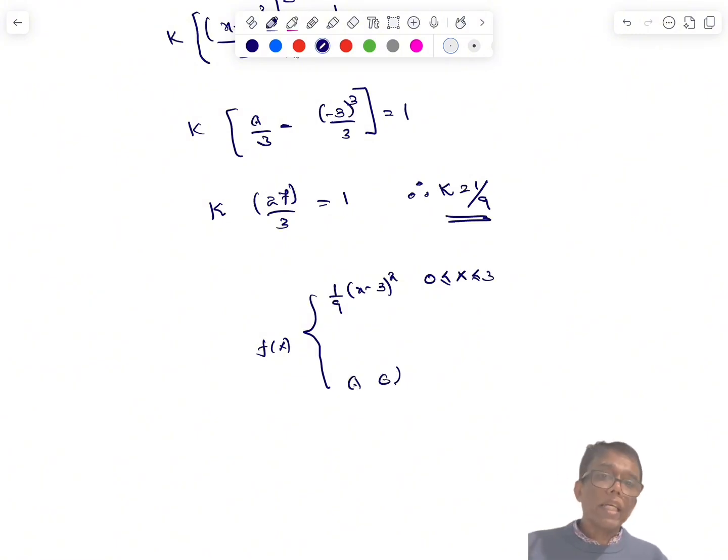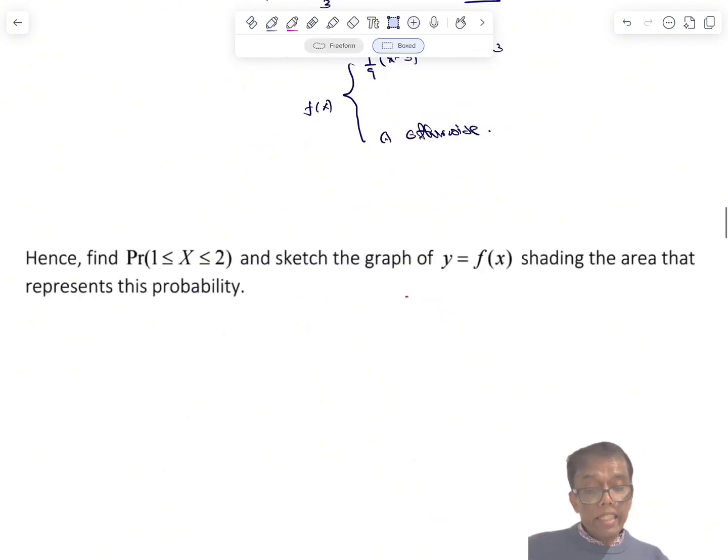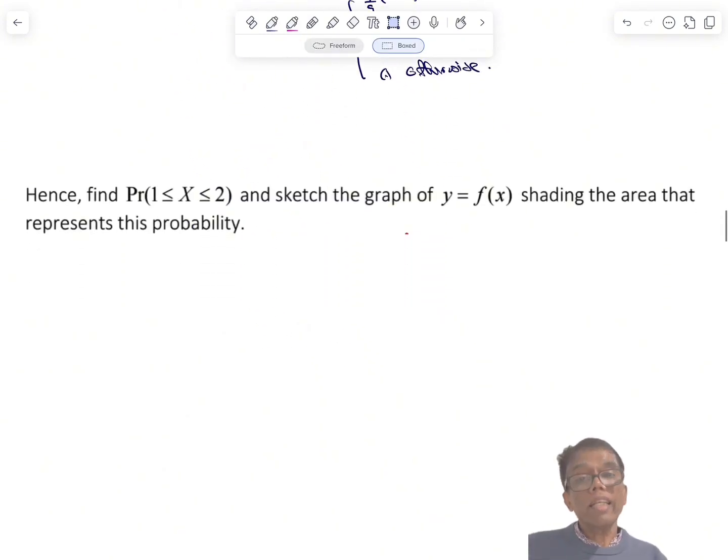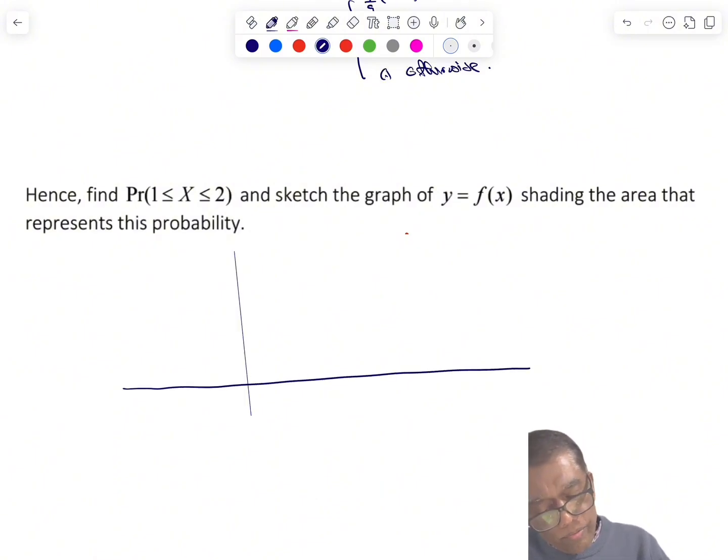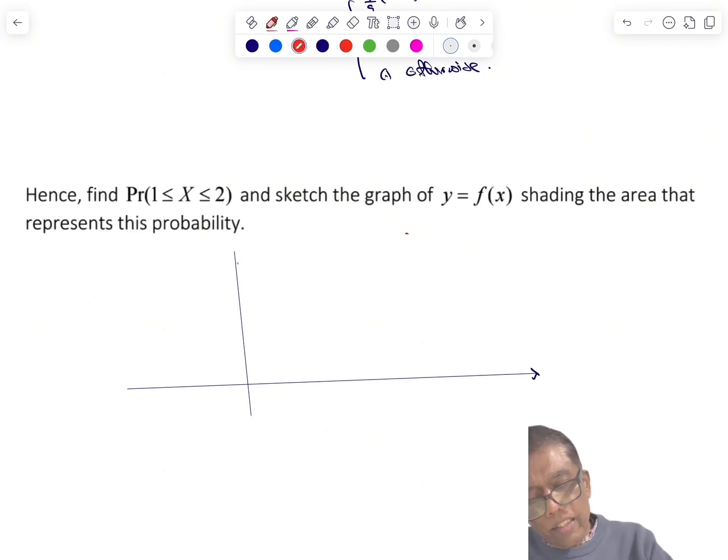The second part of the question: hence find the probability that x is greater than or equal to 1 and x is less than or equal to 2. That means the graph of the function, this is 3.